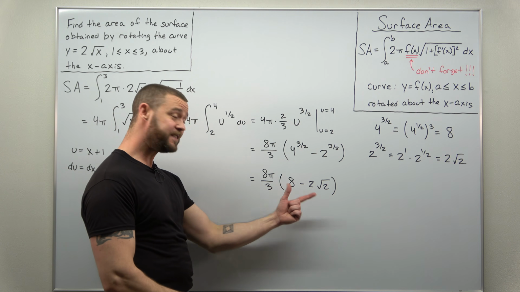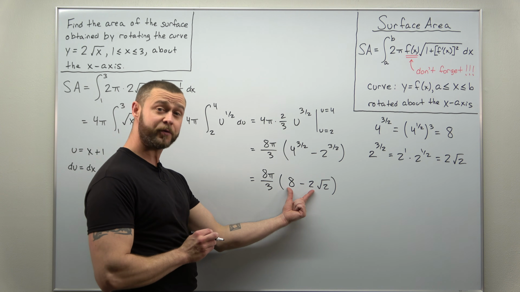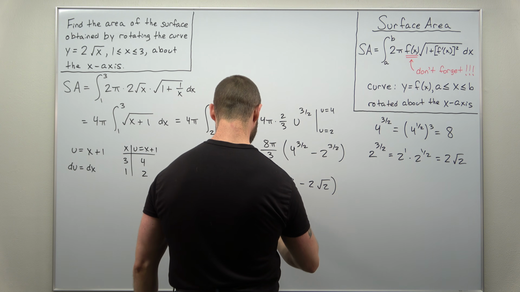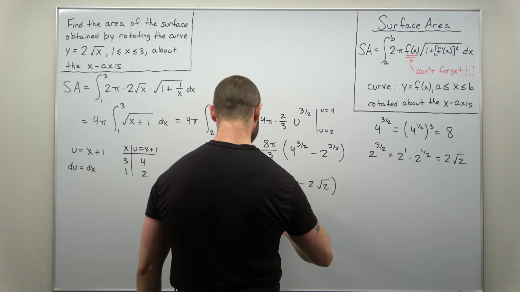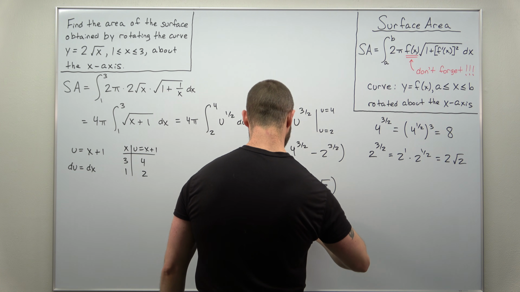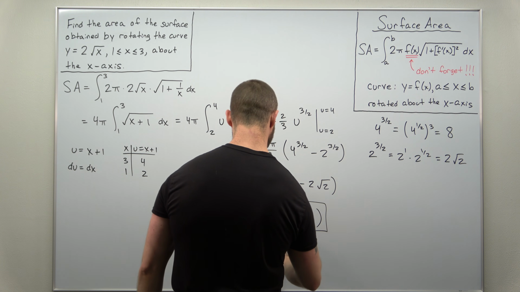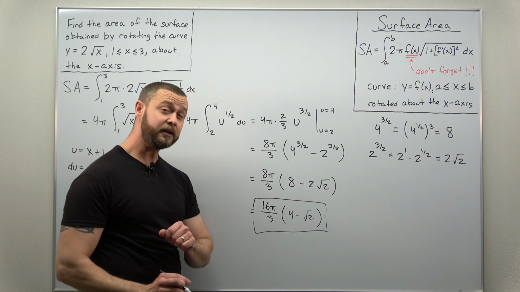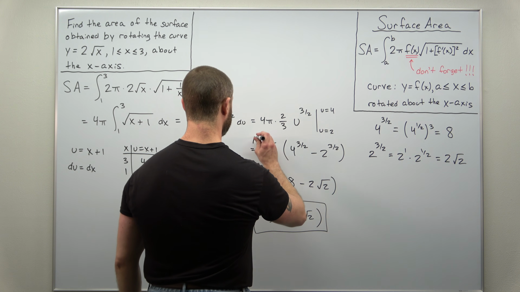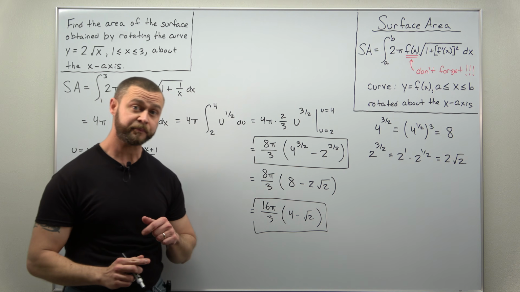And the last step to clean that up, notice you can factor out a common factor of 2 from inside the parentheses, and you can write your final answer as 16 pi over 3 times 4 minus square root of 2. That's a pretty nice, clean-looking answer. But this one is certainly fine and full credit too.